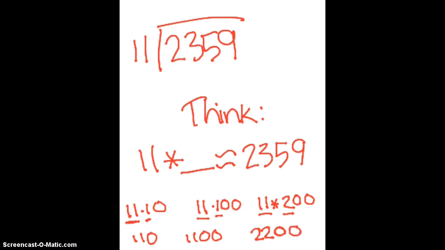Ooh, that is really close. And so I'm going to go with 11 times 200. And so I would circle that my answer should be in the hundreds place. Alrighty, now we've got problems 3 and 4 to go.